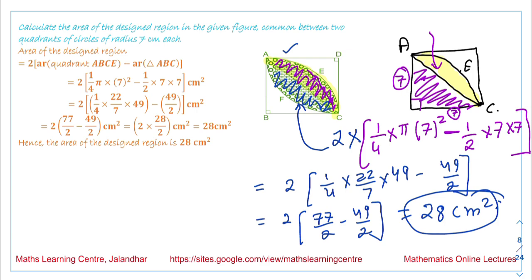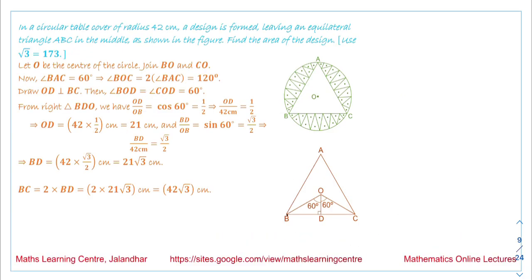Next is, in a circular table cover of radius 42 centimeter, a design is formed leaving an equilateral triangle ABC in the middle as shown in the figure. Find the area of the design. So the radius is given over here. When we are talking about radius, it means OB, OC and OA, all these lengths are equal to 42 centimeter.